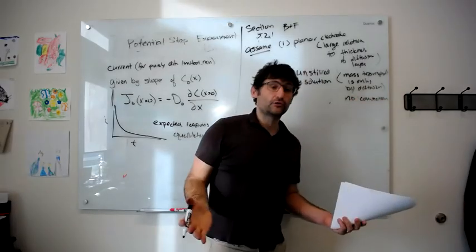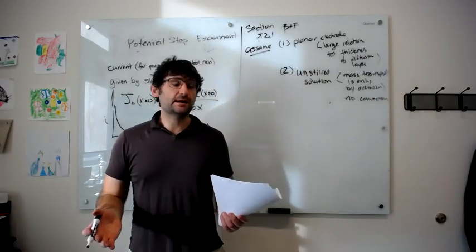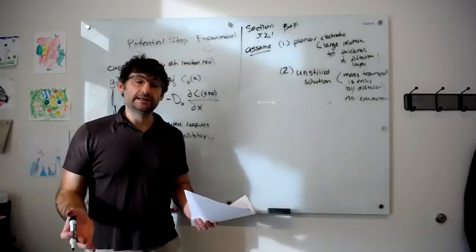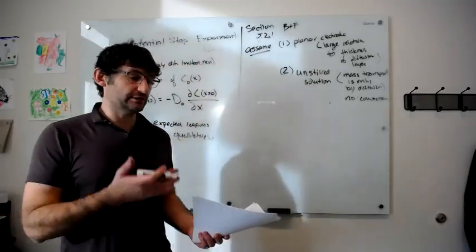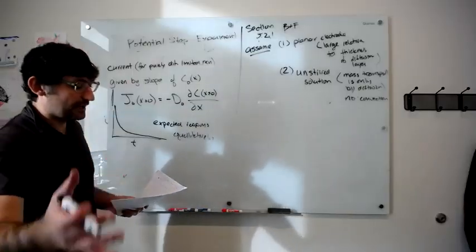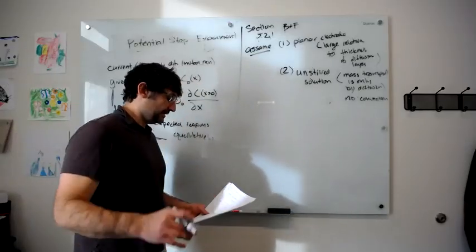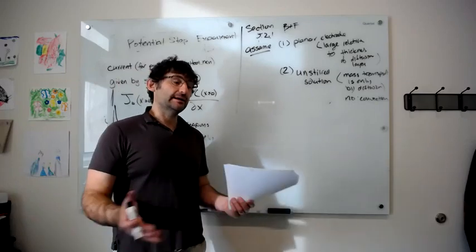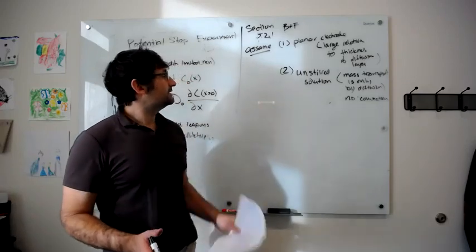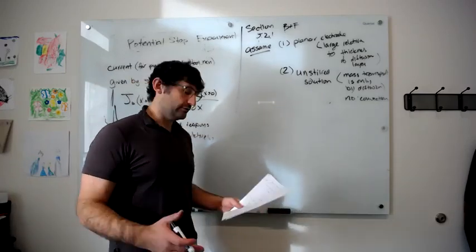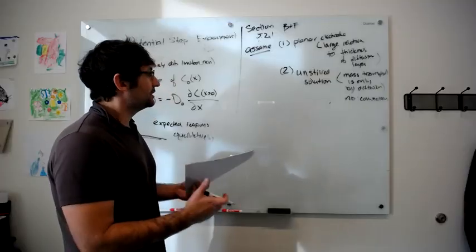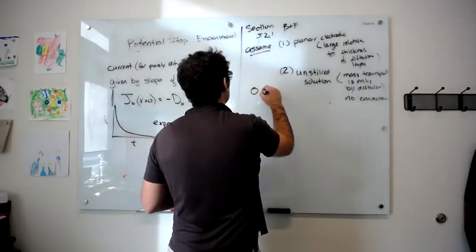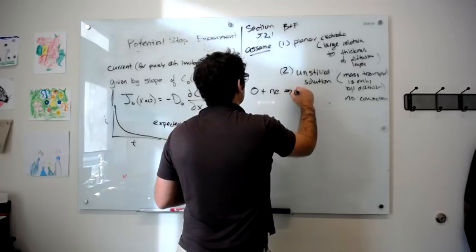In a real cell, of course, there will always be some convection due to, for example, thermal gradients, which change the relative density of the electrolyte and cause motion in liquids. But those typically happen on a long length scale, where this assumption holds very well for short length scales on laboratory timescales. And we're going to do this reaction, O plus n electrons going to R.